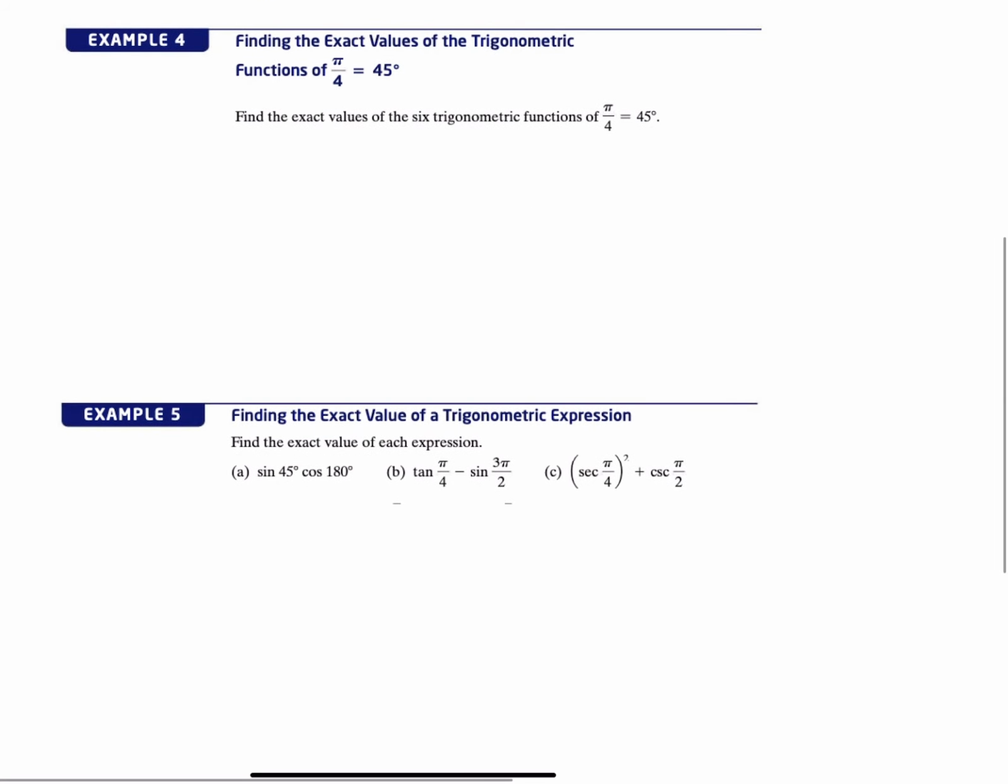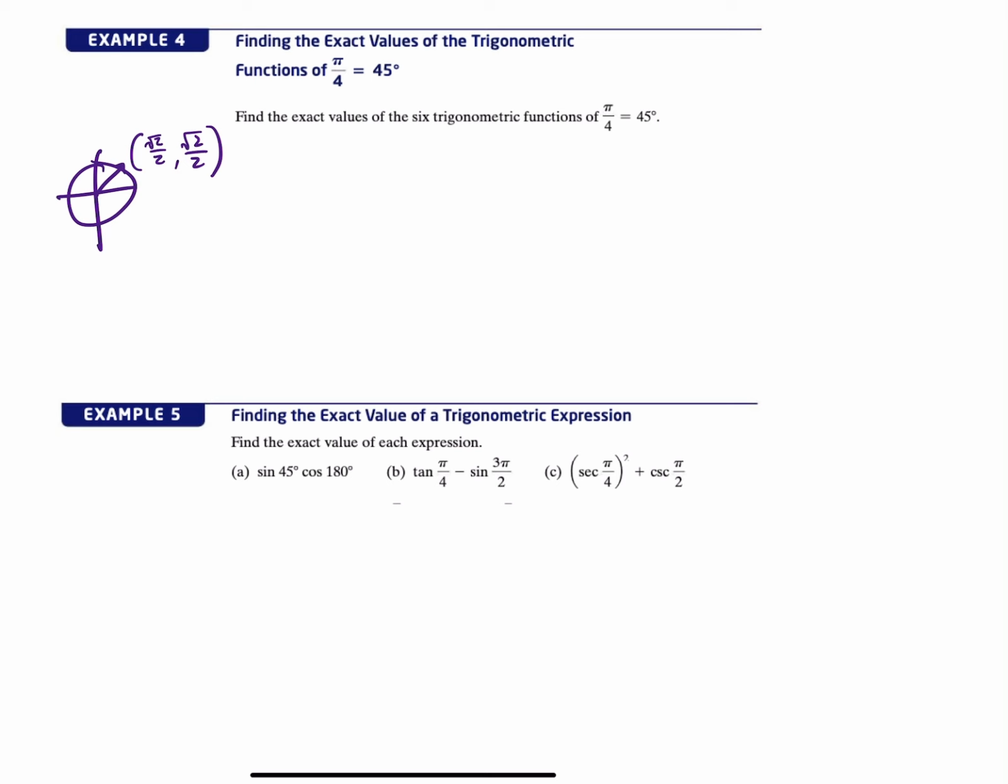So let's list out our trigonometric values for this. So we're saying theta equals pi over 4. So we can do a quick sketch. We just said this will have the coordinate point root 2 over 2, root 2 over 2. And again, the x is the cosine of the angle and the y is the sine of an angle.